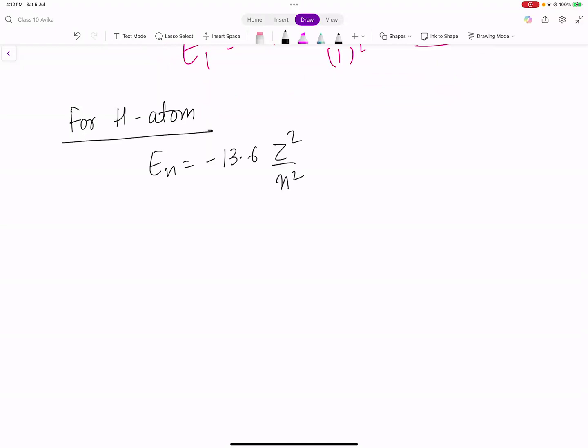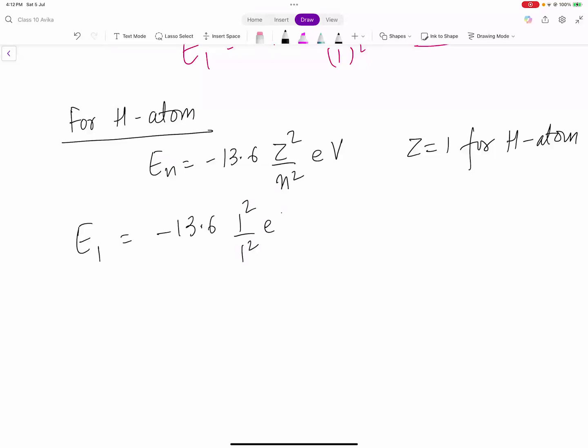This is the general formula. Now I want to calculate for hydrogen atom for the first level. So Z is equal to 1 for H atom, the first element. So the formula will become minus 13.6 by N square. So E1 will become simply minus 13.6, 1 square by 1 square EV.